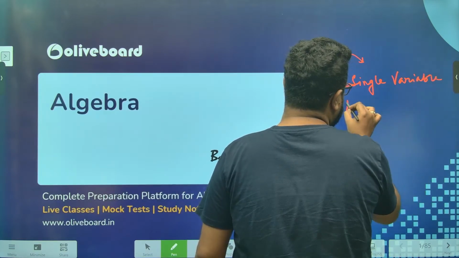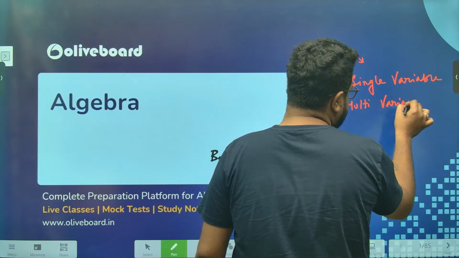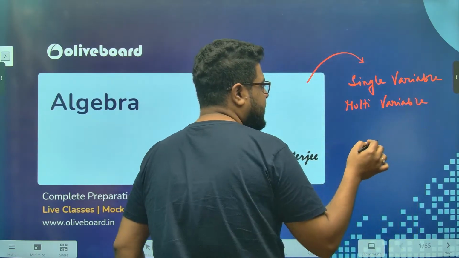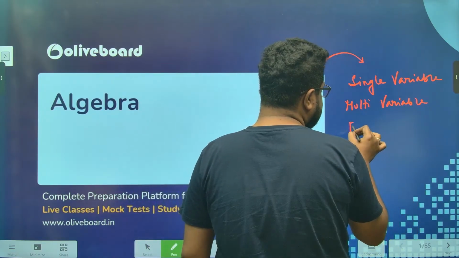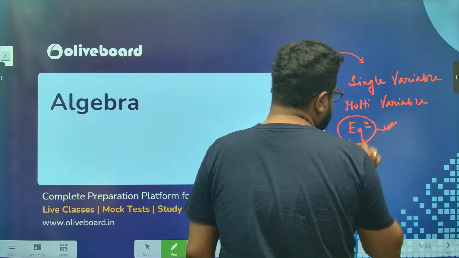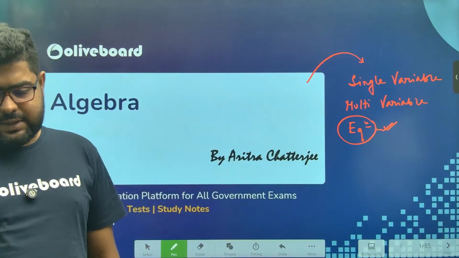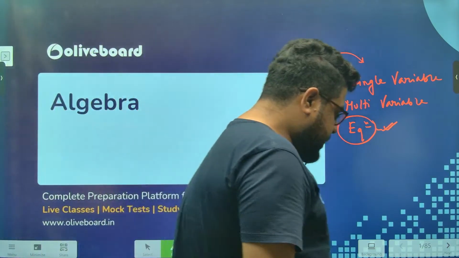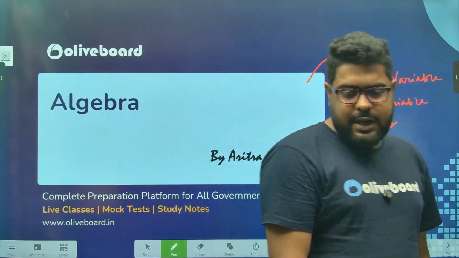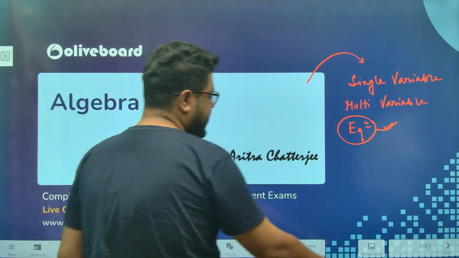Then comes the multivariable one, meaning two and three variables; you don't get more than that. Then comes the equations part: linear and quadratic equations. In total we'll have 4 to 6 classes on this. Let's start with single variable algebra today.